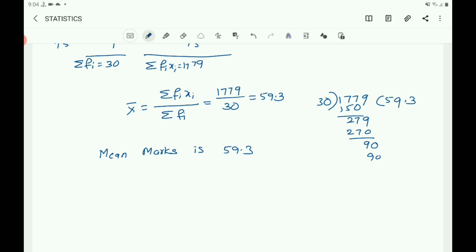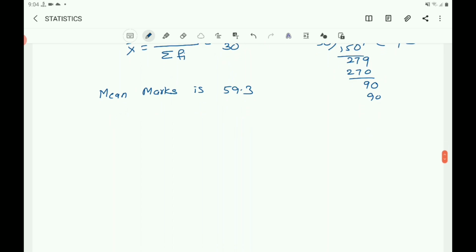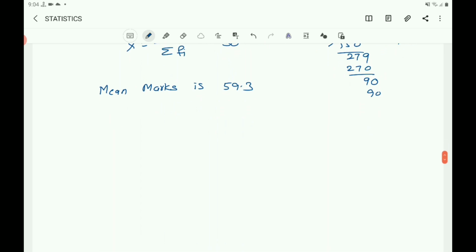So we need to convert given ungrouped data into grouped data and devise some method to find its mean. Now let us convert this. This is also grouped data, but here it is not grouped data with class intervals. So let us convert this data into grouped data by forming class intervals of a convenient width.